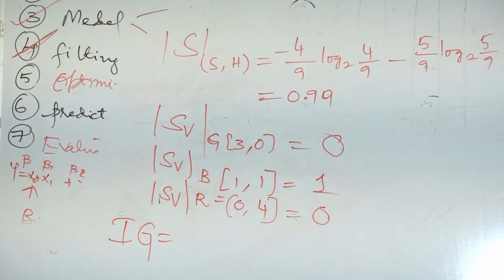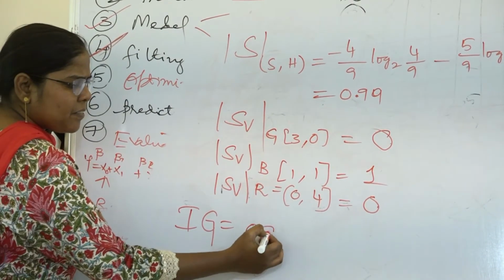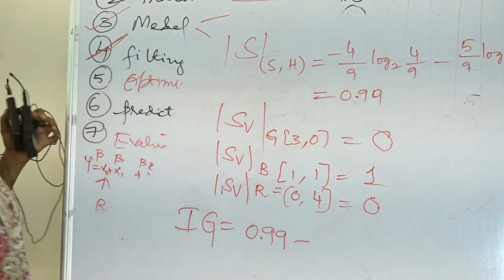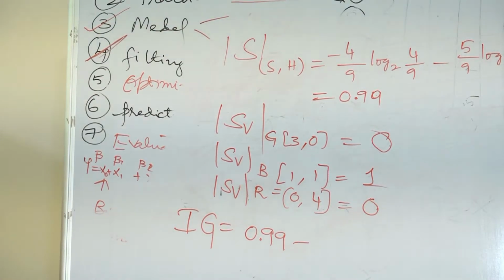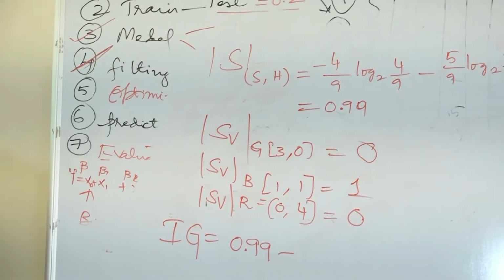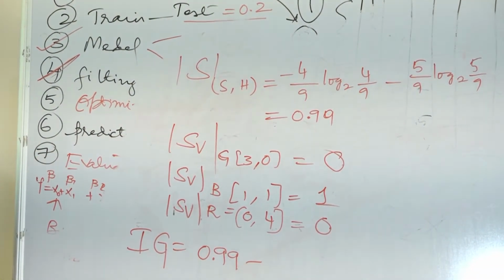Calculate the information gain: 0.99, the total entropy, minus the weighted entropies.